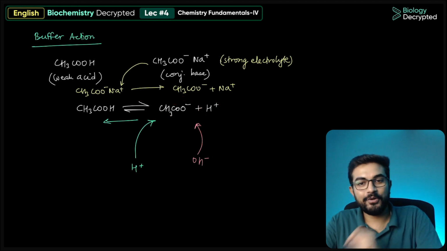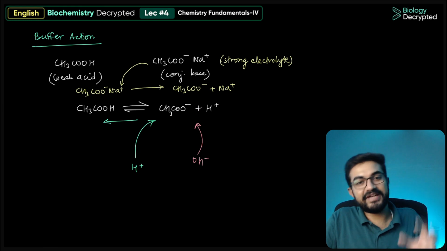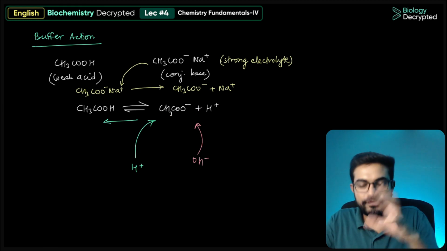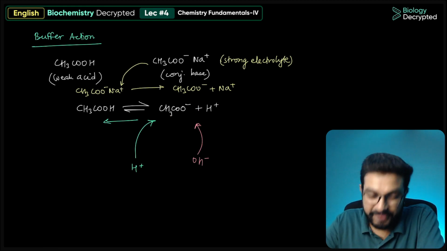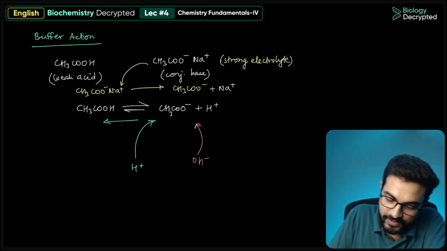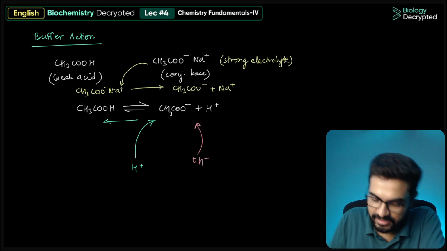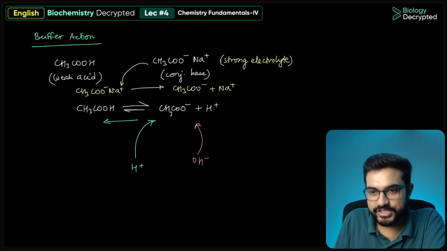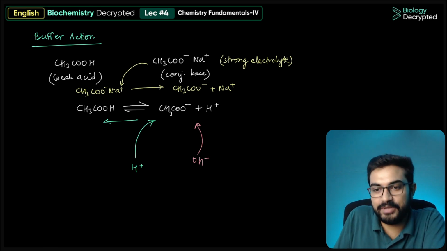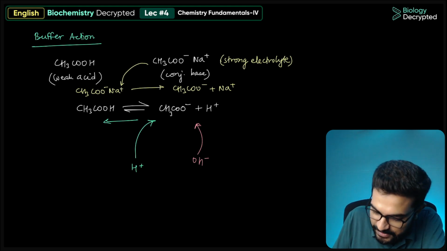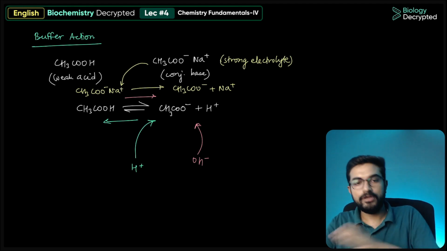So this is how a buffer acts. This is how the overall concept of buffering action takes place. Whenever you add an acid or a base, there will be some action to nullify this change.